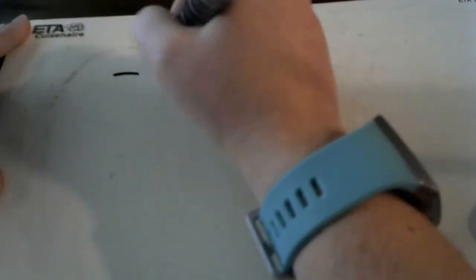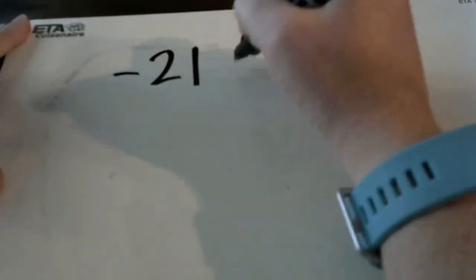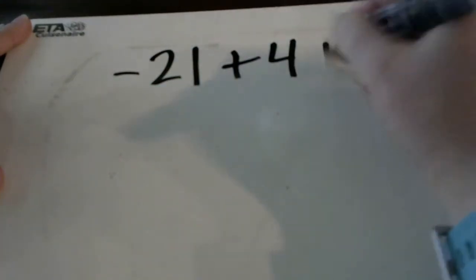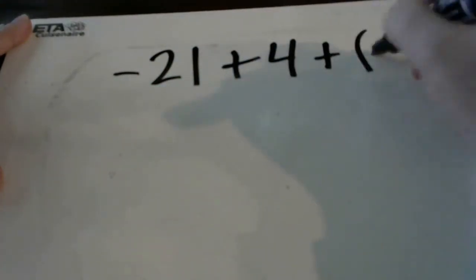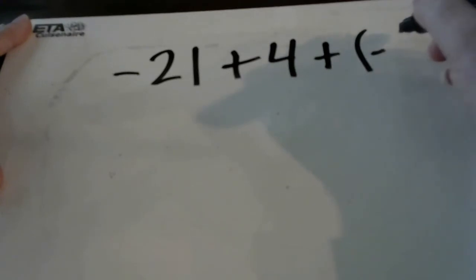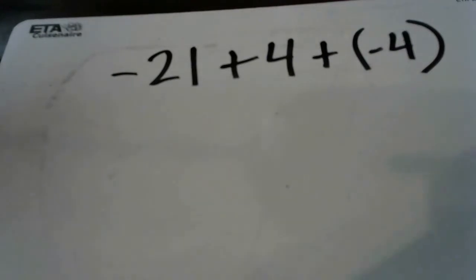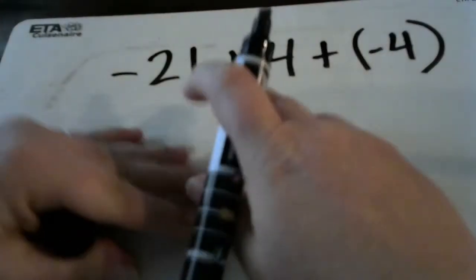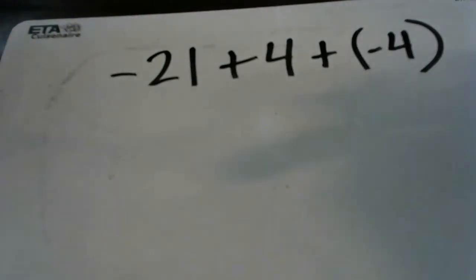Let's see, we'll do negative 21 plus 4 plus negative 4. Okay. Again, I don't have to follow order of operations because my operations are both addition.